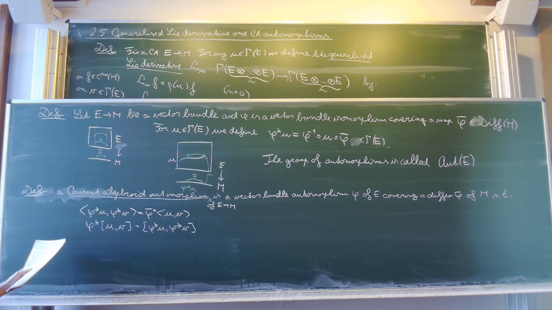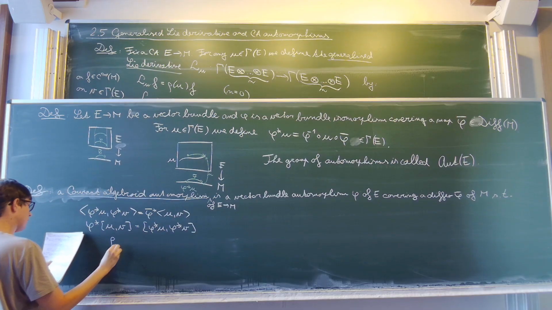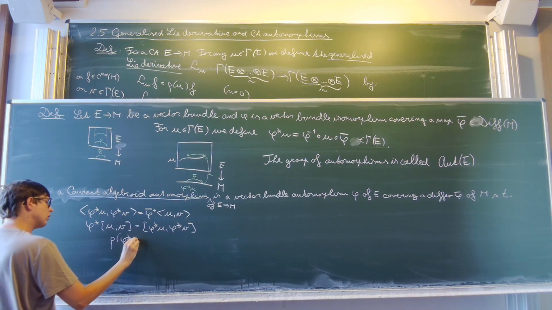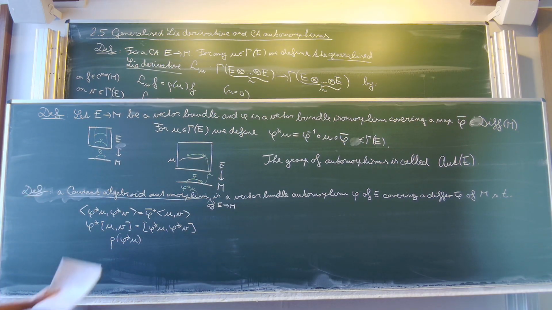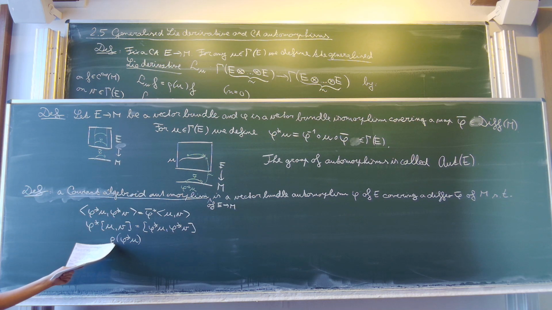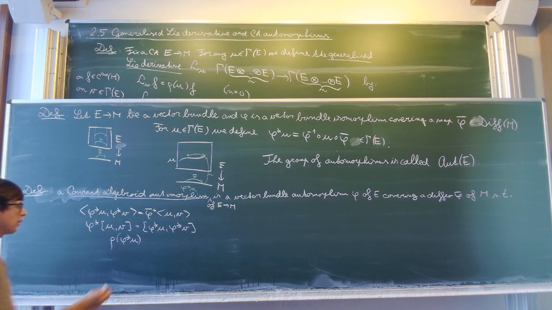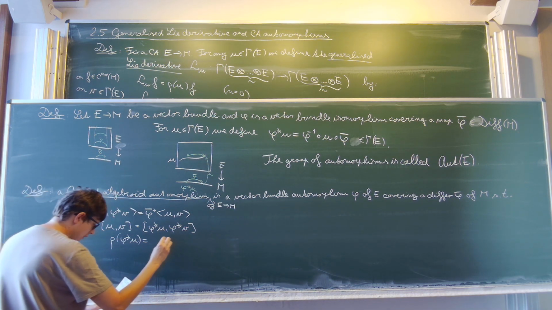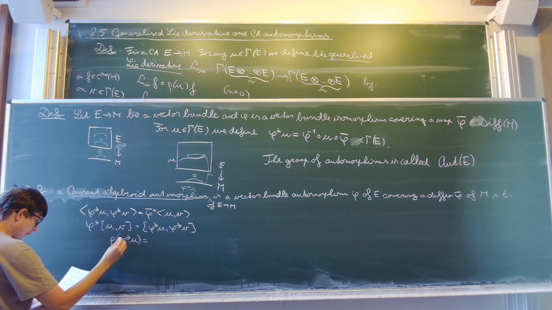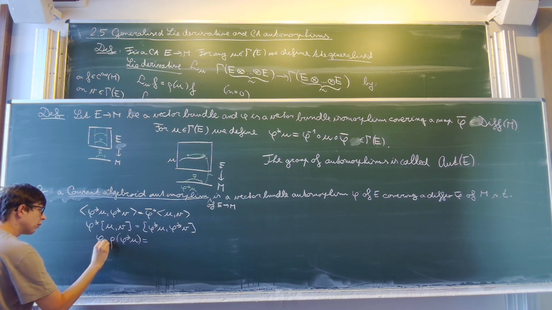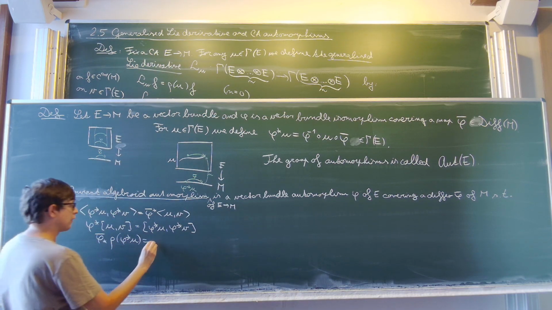Okay, so it's a kind of obvious thing. And for the anchor map, you pull back a section, you get a section, then you use the anchor map, and I want to relate this to rho of u, and the only reasonable way is that I have to push it forward by the base map.